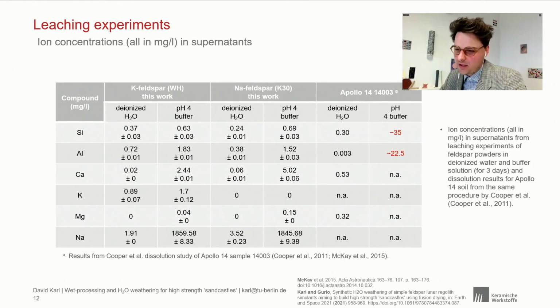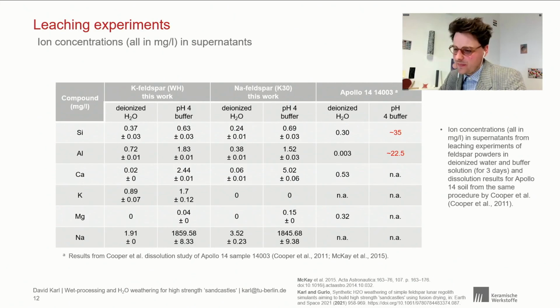we did a leaching study. We used this K-feldspar and mixed it in deionized water, in this buffer solution, and this sodium feldspar, and here we compared to the Apollo results from McKay. In deionized water, we have similar results of silicon leaching. It's a very, very rudimentary simulant, of course.